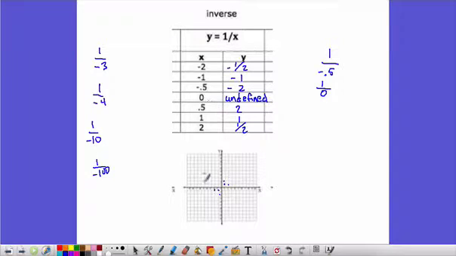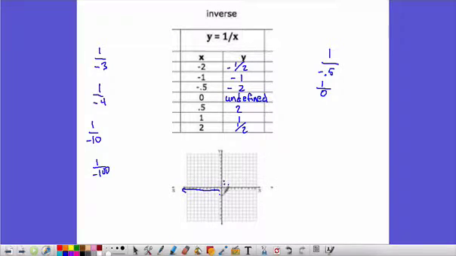Because we're plotting. As we get over here to -10, we're only at -1/10 right there. And as you get over here to -100 for your x, now you're at -1/100. So that's a really small space between the x-axis and your point. So what's happening here is this line is getting closer and closer, but it's never touching, just like that.